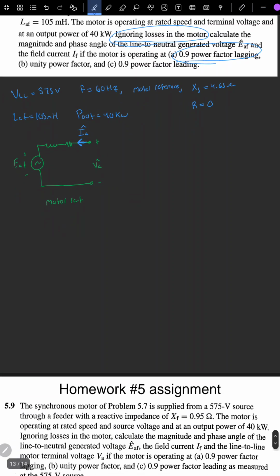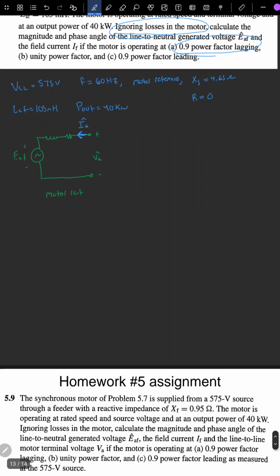You could either memorize the equation, because it's going to be the same equation every time, but realistically the KVL is so simple that you don't need to memorize it as long as you write it down. EAF is just going to equal VA minus IA phase angle multiplied by Z total.